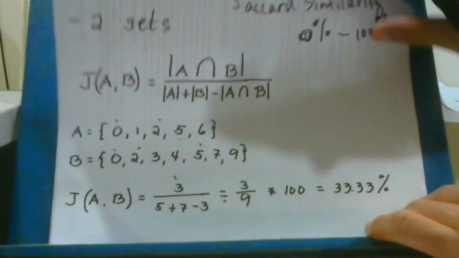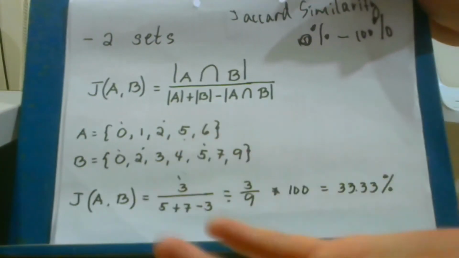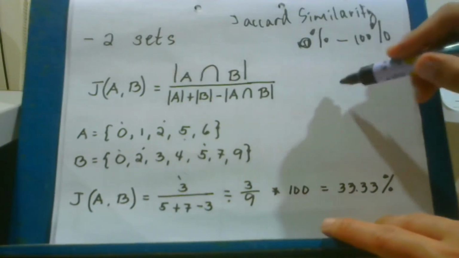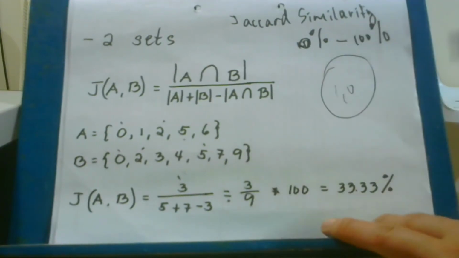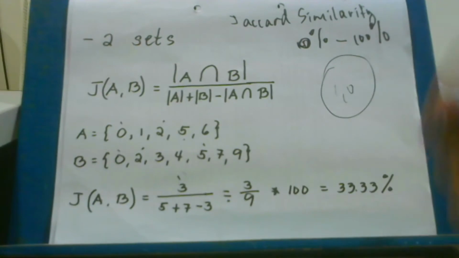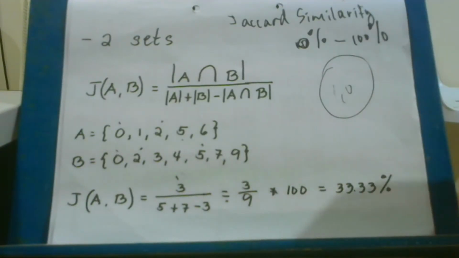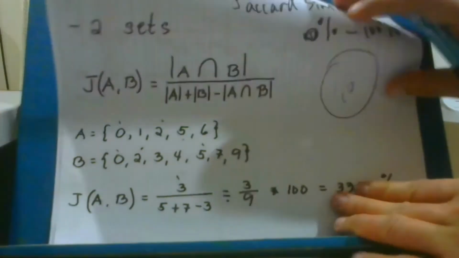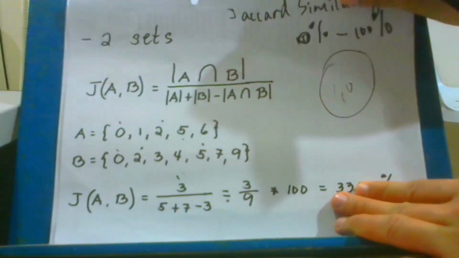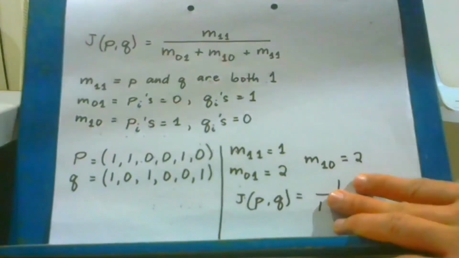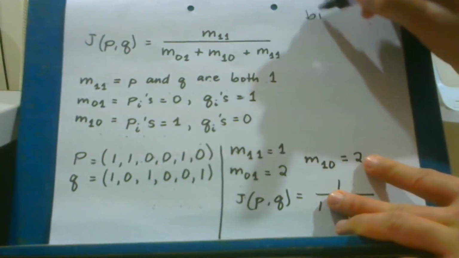But of course, in machine learning, we are always dealing with the language of computers, and in this language, we are always dealing with 1 and 0. So in this case, we use Jaccard similarity as the shared members or distinct members between point P and point Q. It means that we are dealing with binary points.